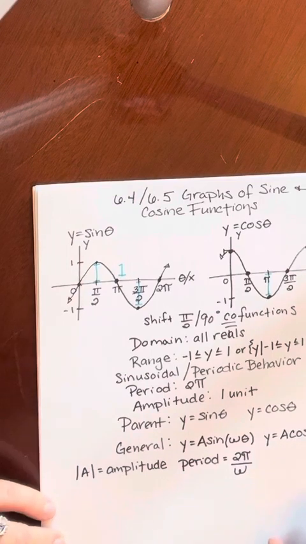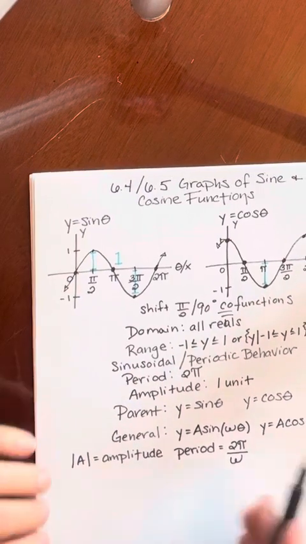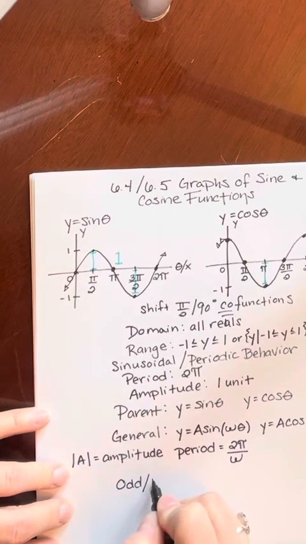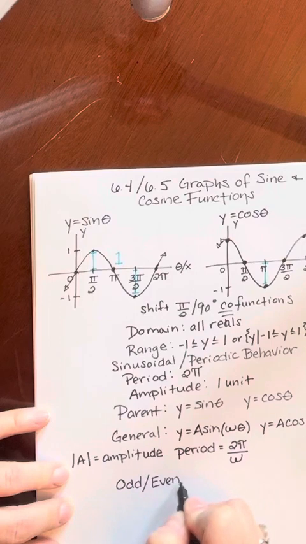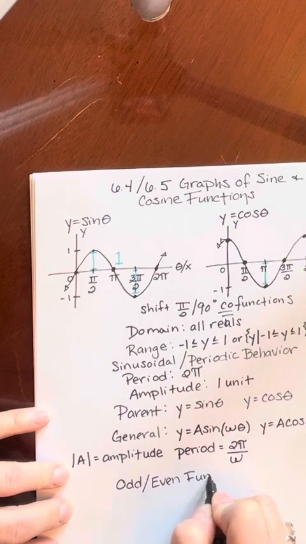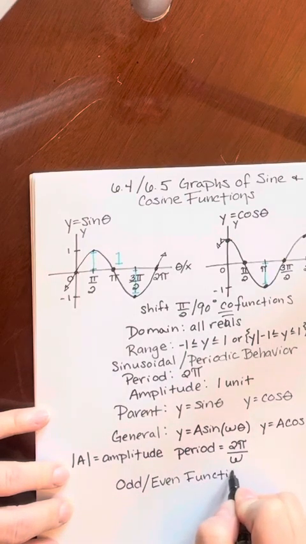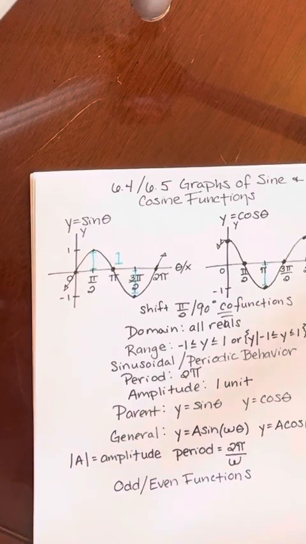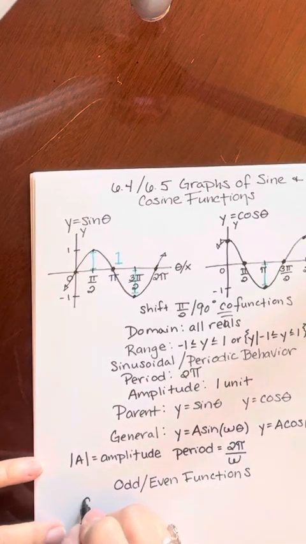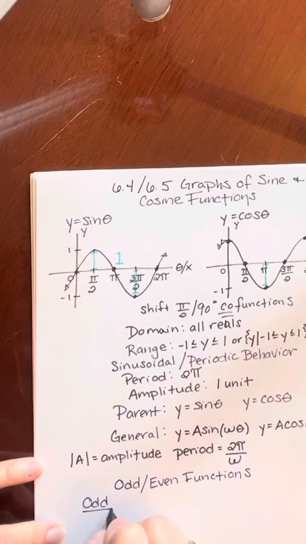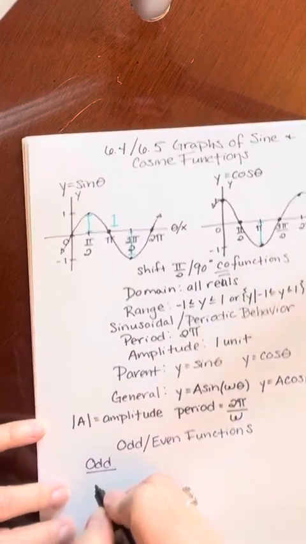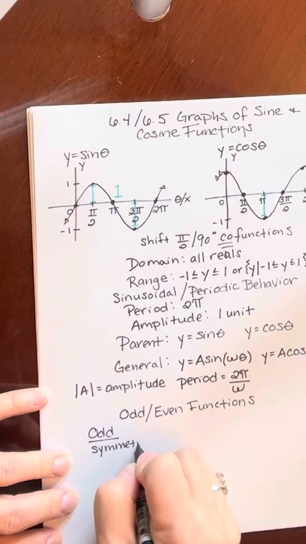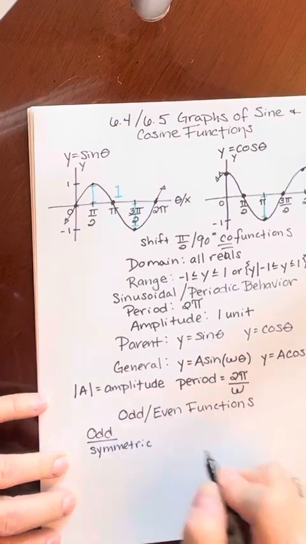All right, one other thing we want to talk about are odd versus even functions. We talked about this in the beginning of the school year, so this is a good review for our final. Odd versus even functions. Odd functions. They are symmetric over the, okay, do you remember?